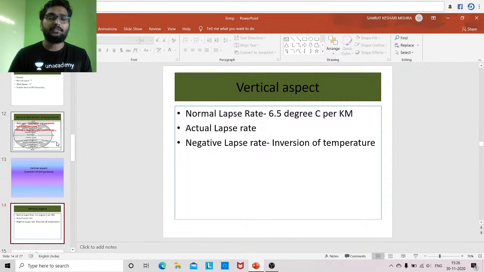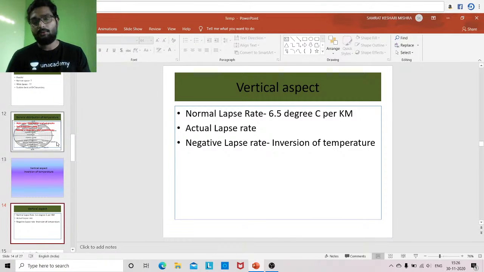The normal lapse rate that we see is an aggregate for all the locations, all the positions of the earth. If we calculate the lapse rate for one particular place, let's say over Bhubaneswar, then 6.5 degree centigrade is the average change, the average lapse rate. But what do we mean by actual lapse rate?